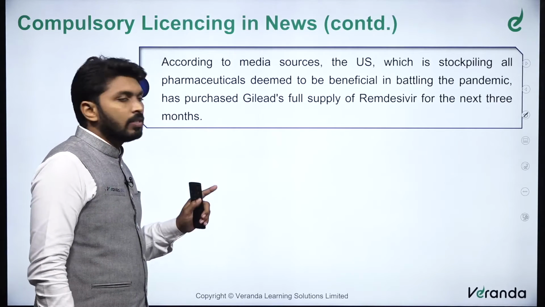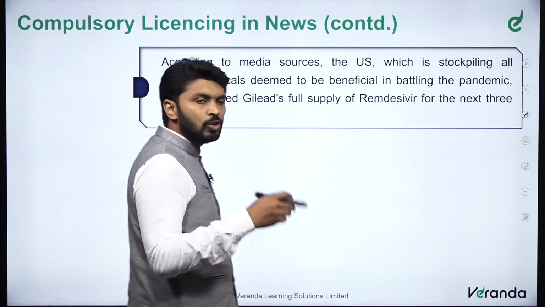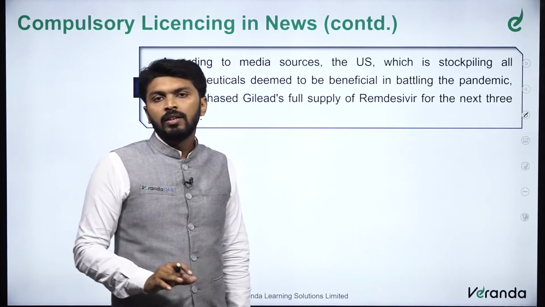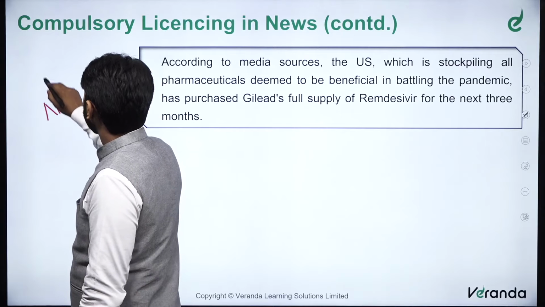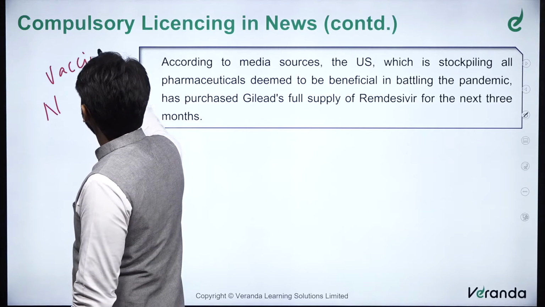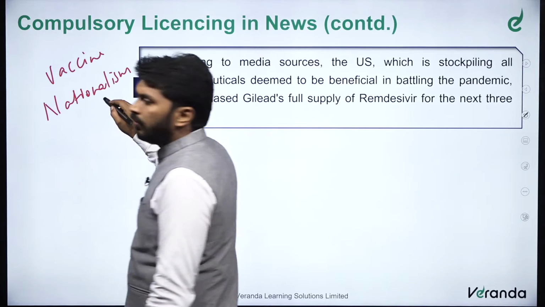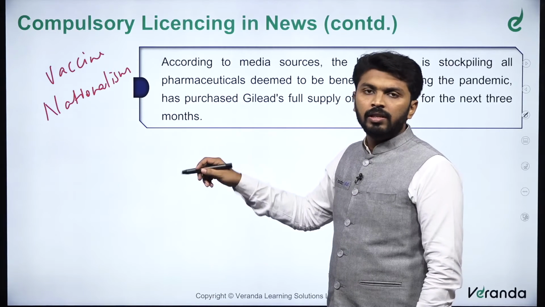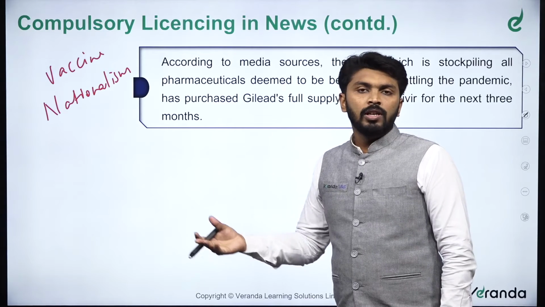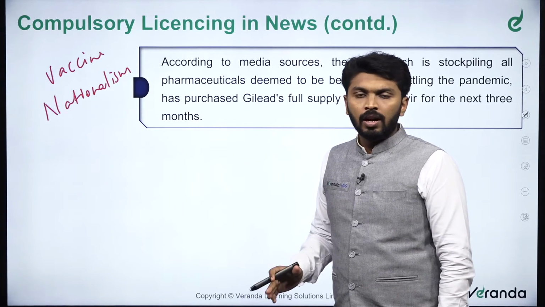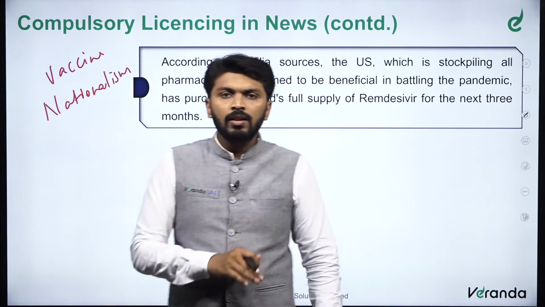According to media sources, the United States, which is stockpiling all pharmaceuticals deemed to be beneficial in battling the pandemic, is practicing what is called vaccine nationalism. If any product seems to be beneficial, they sign a pre-purchase agreement with a pharmaceutical company and procure all the doses, all the products coming out of the factory.